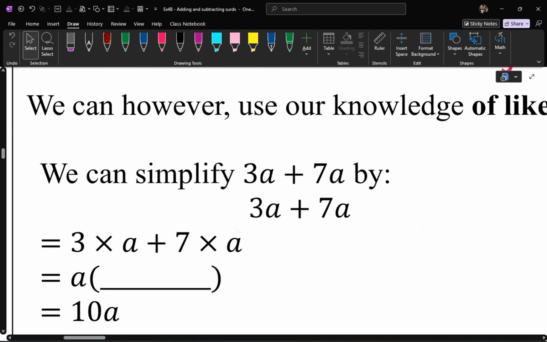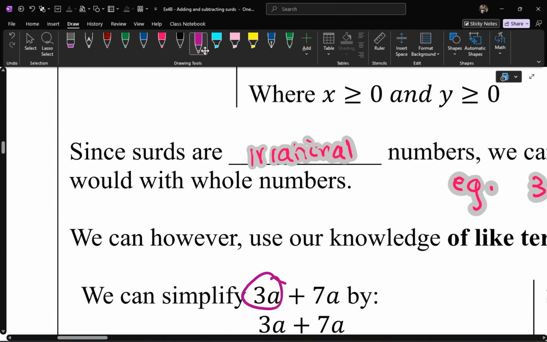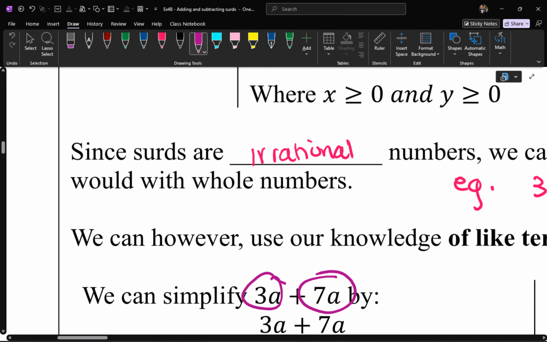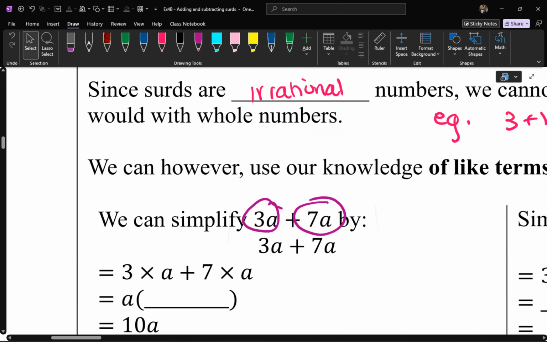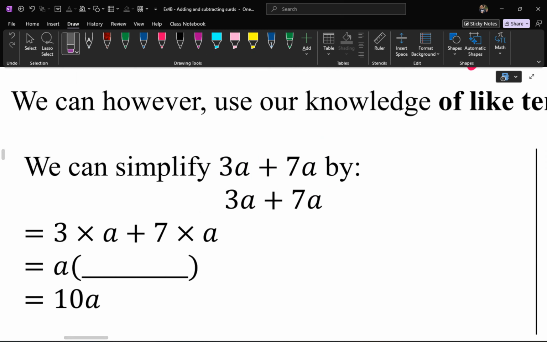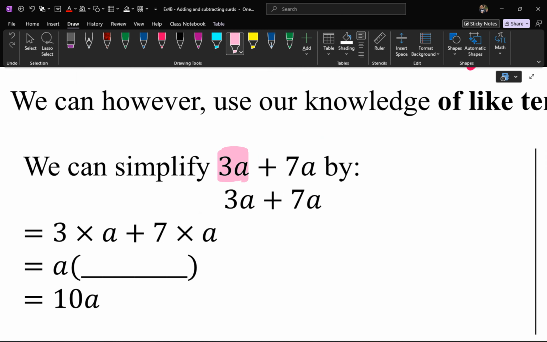If I gave you this, and I asked you, what is 3A plus 7A? What would you say? 10A. And the reason why you know that is because 3A, notice, we don't actually know the number. I don't know what 3 times A actually equals, just like I didn't know what root 2 was. But 3 next to an A means 3 times A, so I wrote it here.